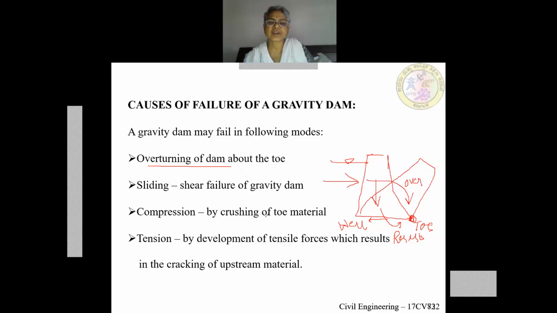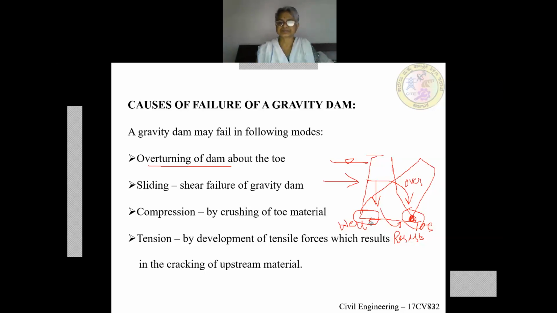Then compression by crushing of the toe material: here the toe material will crush and it may fail by compression. And tension cracks will be developed near the heel. These are all the different types of failure of gravity dam. We'll discuss each one in detail.